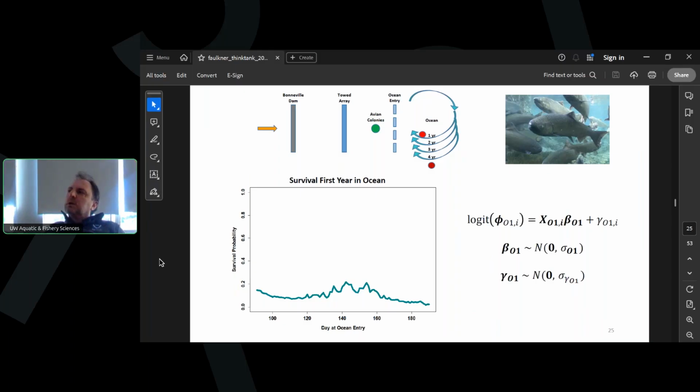In the early ocean, when they're young and just getting hit by predators. That's what most people have assumed in the past: that first year's survival and conditions determine their adult return probability, and you can just ignore the other years.